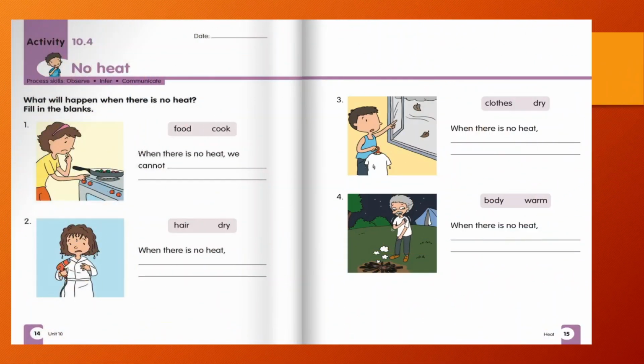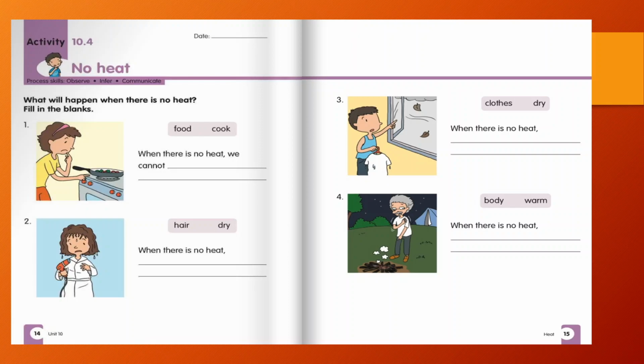Now let's continue to activity 10.4. What will happen when there's no heat? Okay, think. What happens if there's no heat? You have to use the words that are in the box to complete a sentence, okay?